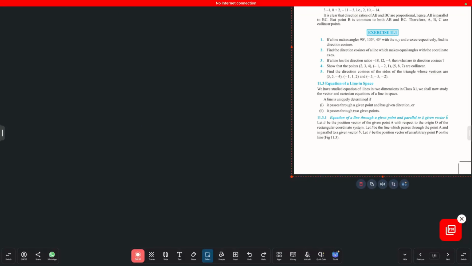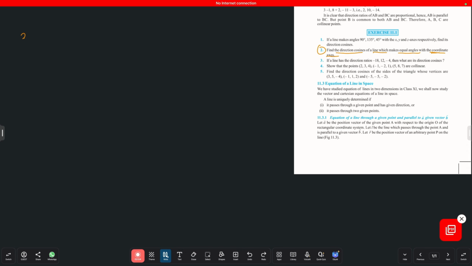Find the direction cosines of a line which makes equal angles with the coordinate axes, that is, with the x axis, the y axis and the z axis. Equal angles means the direction angles alpha, beta, gamma are equal.